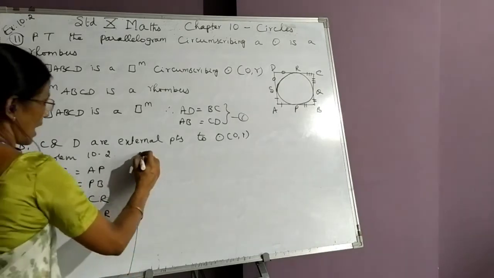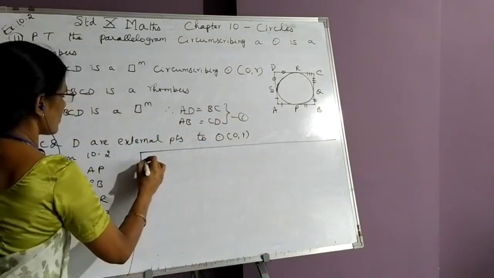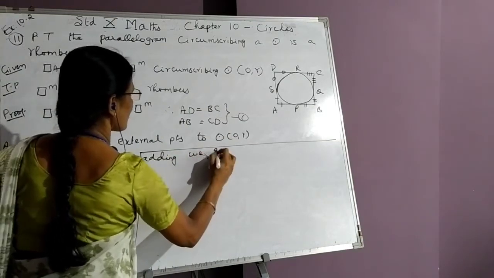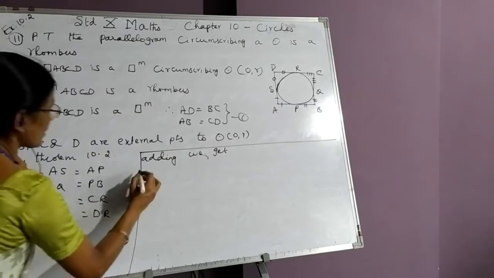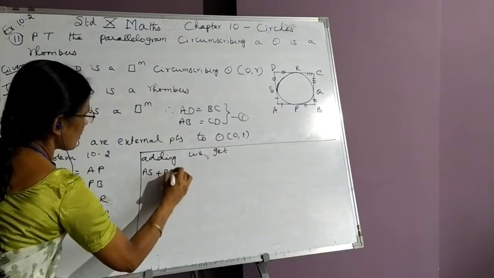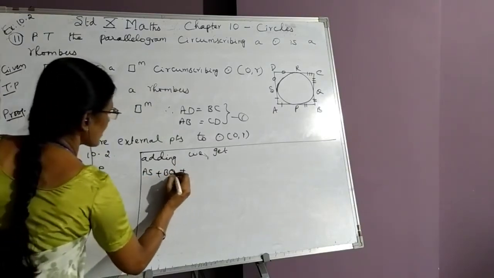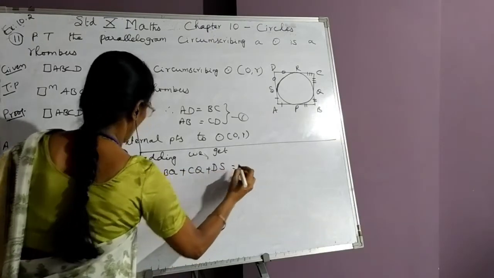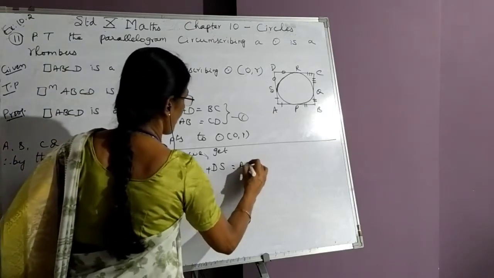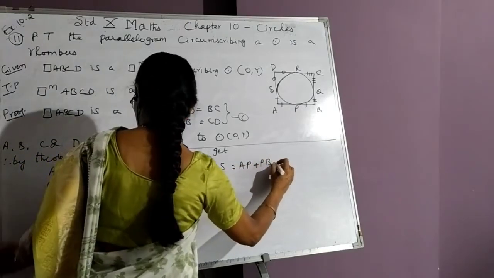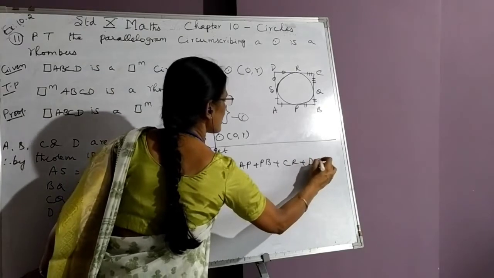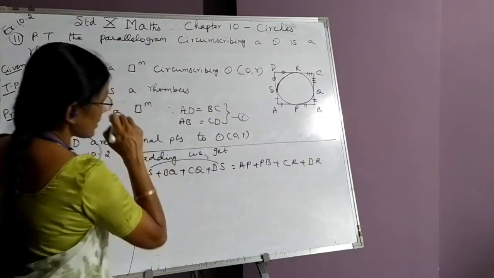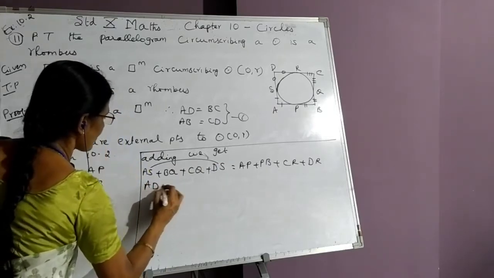Now we are going to add all the results. So adding, we get AS plus BQ plus CQ plus DS is equal to AP plus PB plus CR plus DR. Adding AS with DS, we get AD.